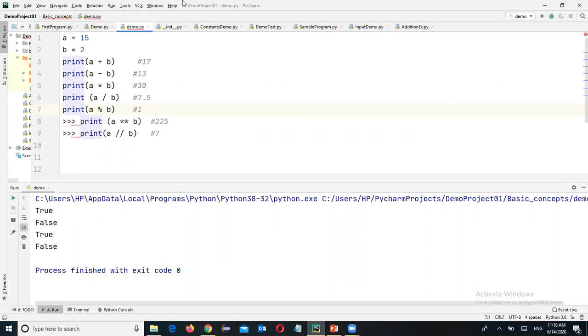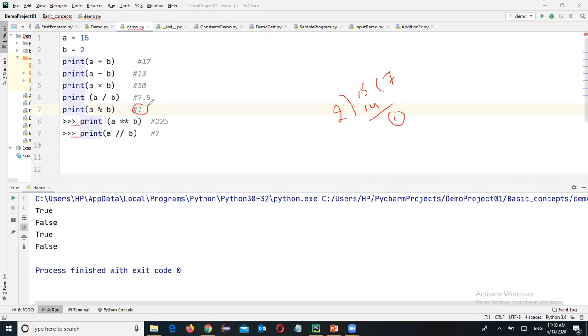That means when I divide 15 by 2, 7 times 2 is 14, and the remainder is 1. The mod operator gives the remainder.